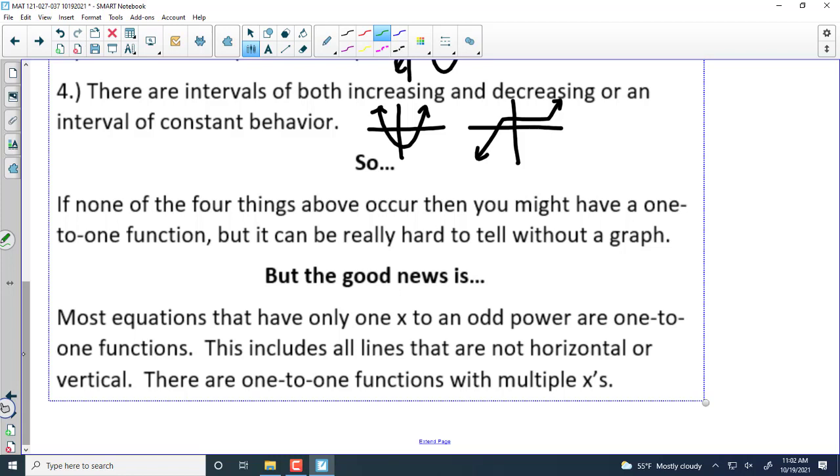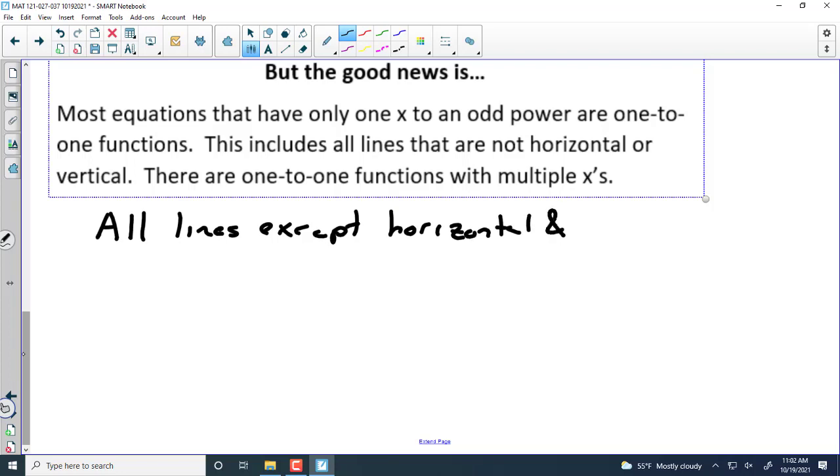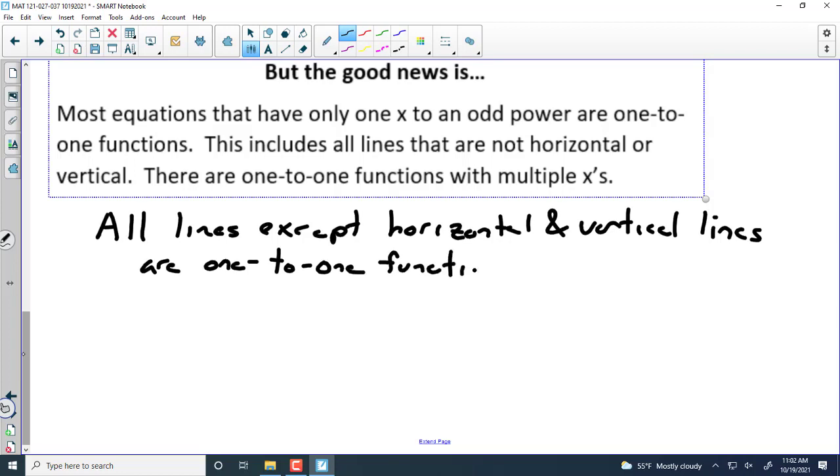This includes all lines except horizontal and vertical lines. They are one-to-one functions.